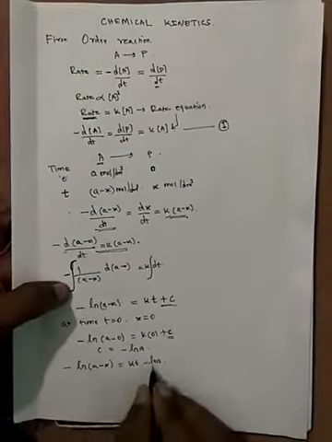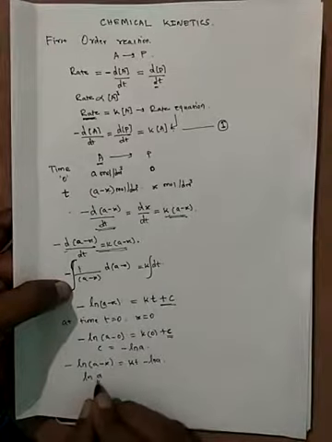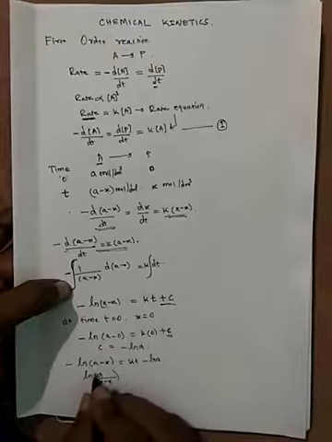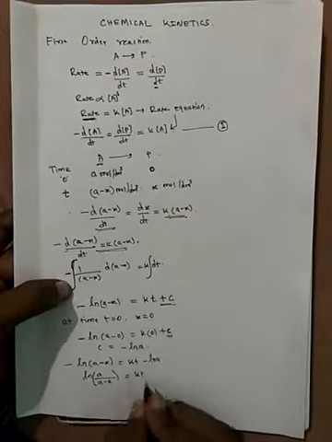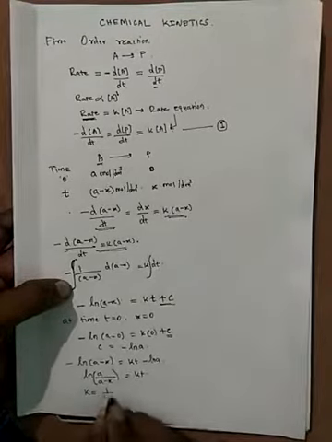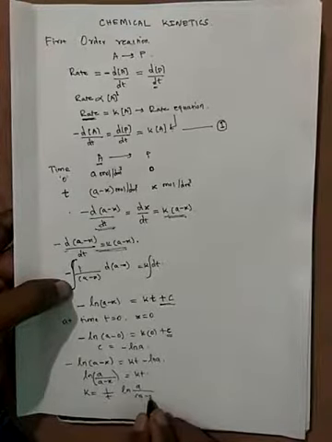Then rearrange this equation. I'll take logarithm A by A minus X, this is kt. So k equal to 1 by t logarithm a by a minus x.